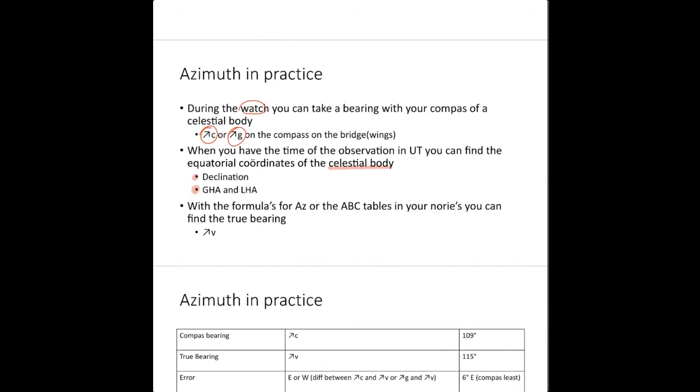With formulas for azimuth that I will be demonstrating during this recording, or with the calculated ABC tables in the Norie's, you can find a true bearing. And if you have the true bearing and a compass bearing, you can calculate the deviation, or when you have a true bearing and a gyro bearing, you can calculate the gyro error.